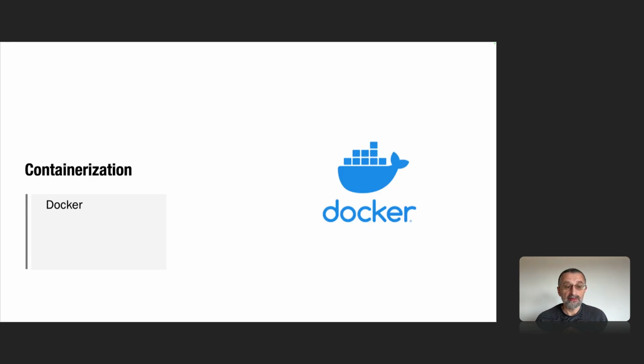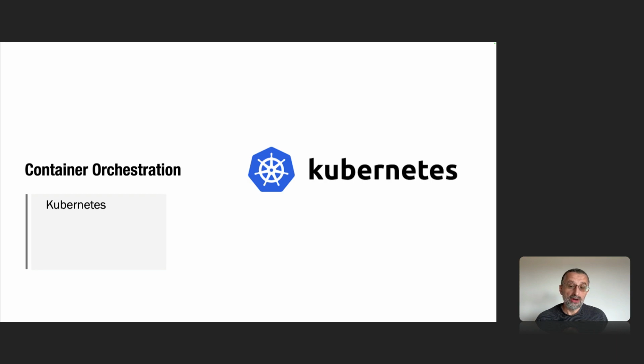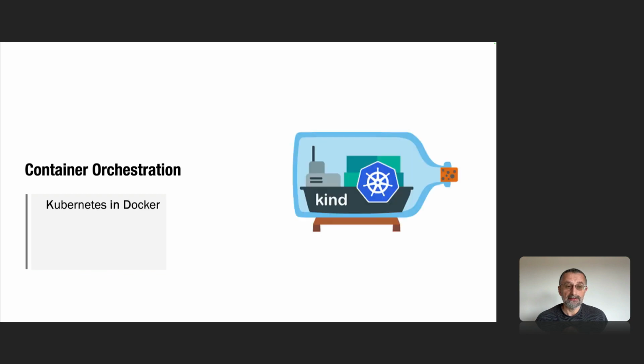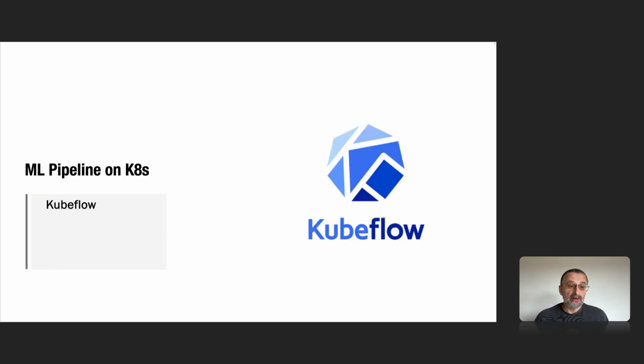For containerization, obviously Docker, or on the top level, Kubernetes. It's not for containers, it's just an operating system. For clusters, we are also going to have a separate short lecture on the basic concepts of Kubernetes, and different flavors of Kubernetes, like Kubernetes in Docker or some other options.